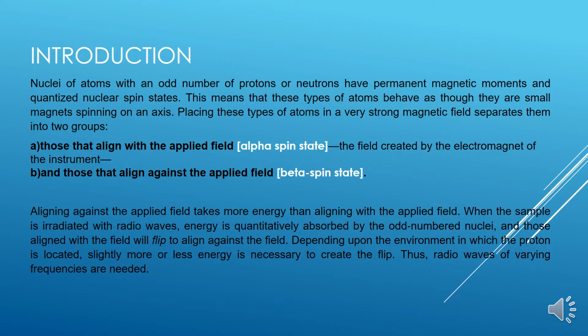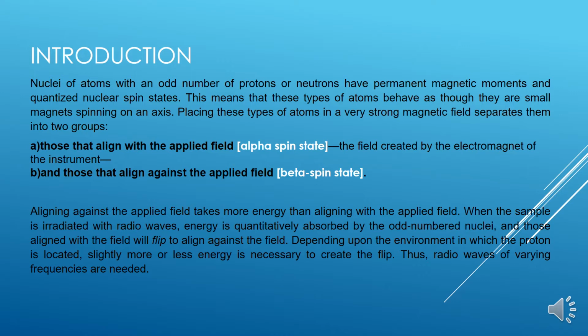Placing them in a very strong magnetic field separates them into two groups. The first is aligned with the applied field, the alpha spin state, the field being created by the electromagnet of the instrument. Those aligned against the applied field are in the beta spin state. Aligning against the applied field takes more energy than aligning with it.